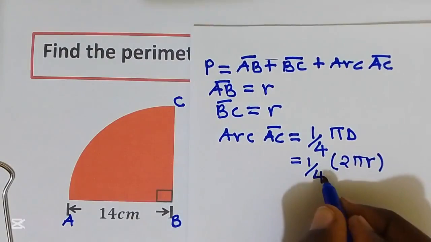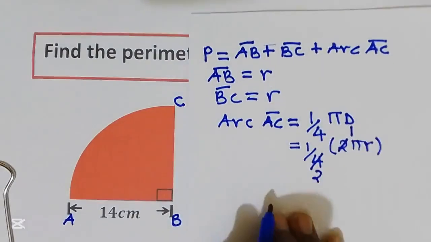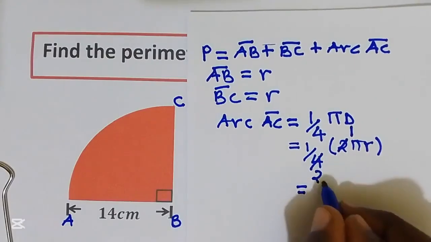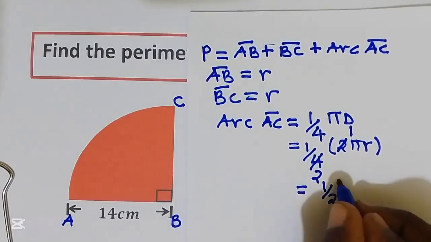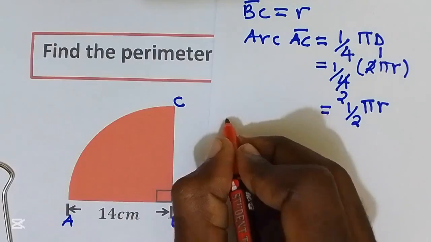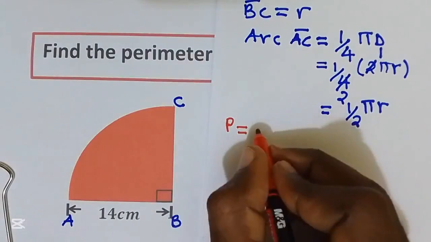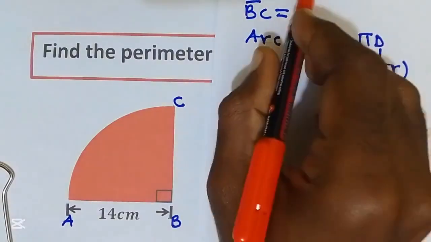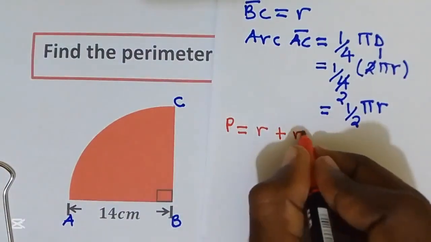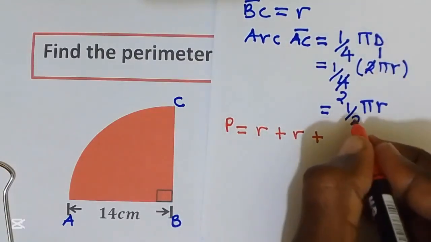I can simplify here by 2, I got 2 by 2, 1. So this is the same as 1/2 pi r. So perimeter is equal to distance AB, which is the same as r, plus distance BC, which is also r, plus arc AC, which is the same as 1/2 pi r.